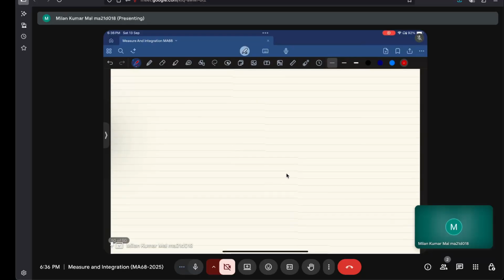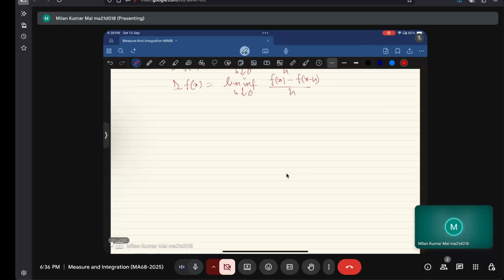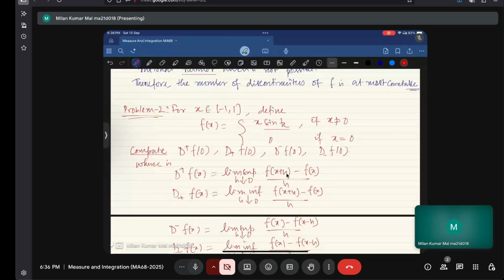So this is the thing. Now the question is to compute this one. Okay, so let's try to compute.